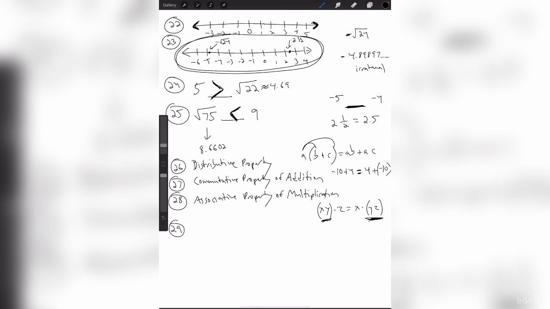Okay, so I got two more problems. Number 29, it says estimate the number graphed at the labeled point A. So I'm looking at this. We've done number lines. I'm looking at 22 and 23 and looking at my number line up there. I'm saying, all right, where does this fall? If it's between -1 and -2, I'm not going to say, oh, well, that's -2.5.